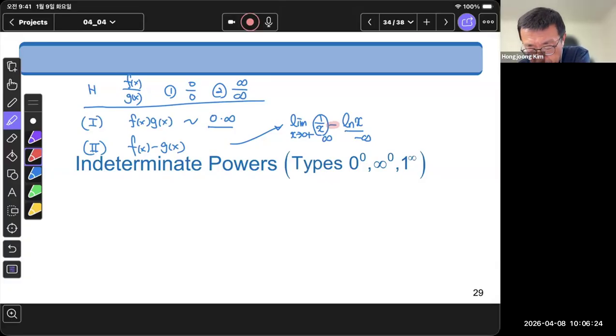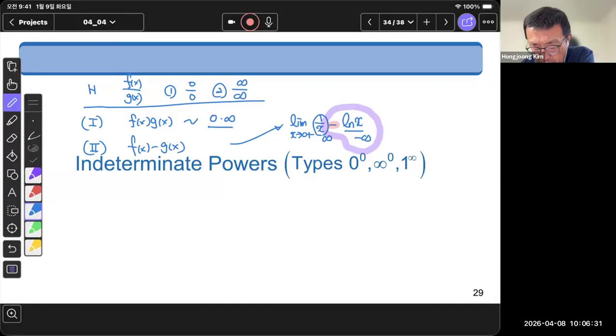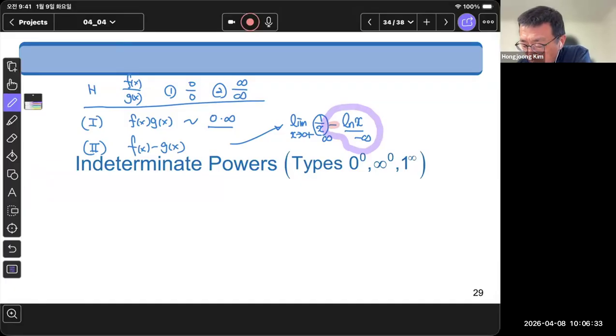So due to this negative sign, negative ln x diverges to plus infinity. So one function diverges to plus infinity, the other one also. So we have infinity plus infinity. So the limit will be infinity.